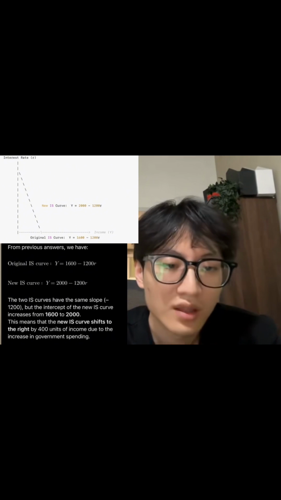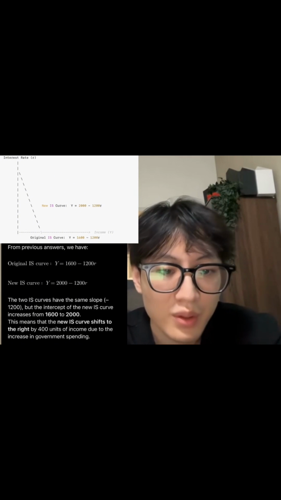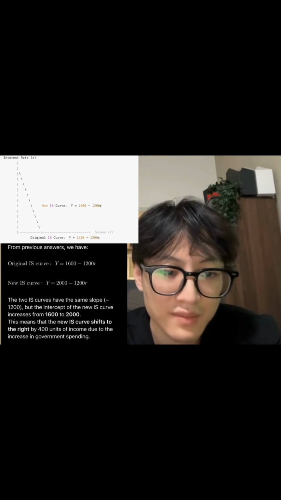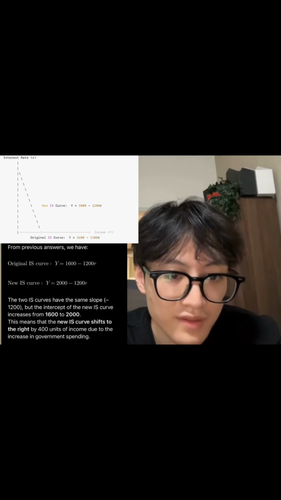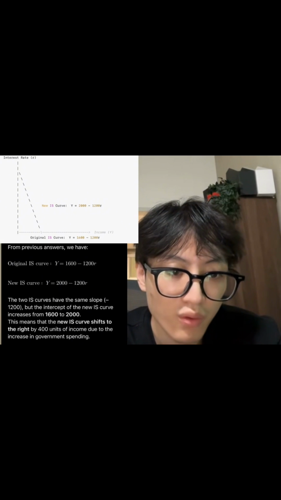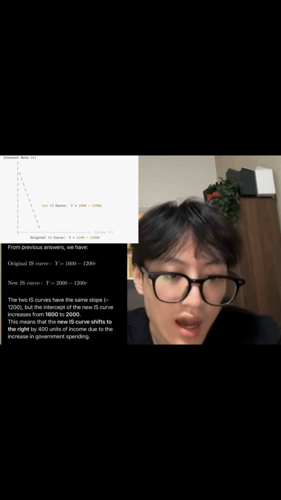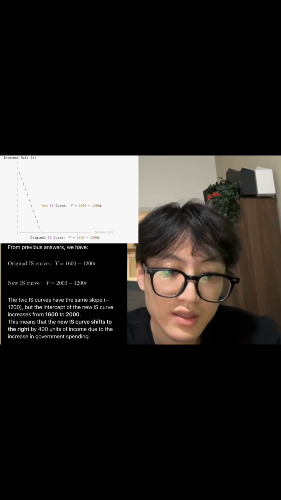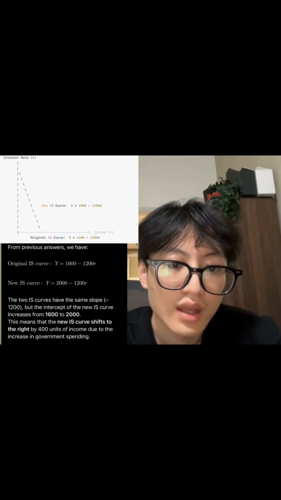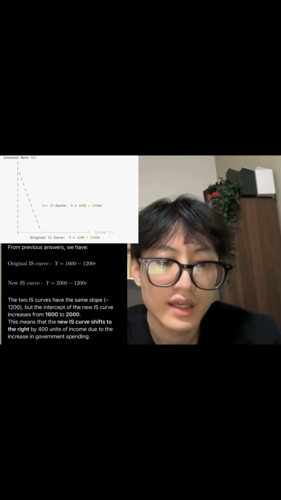So on the graph, both IS curves have the same slope, but the new one shifts to the right by 400 units. This shows that higher government spending increases income at every interest rate.